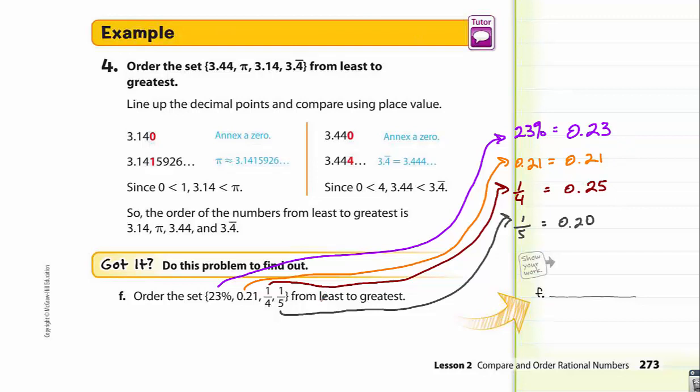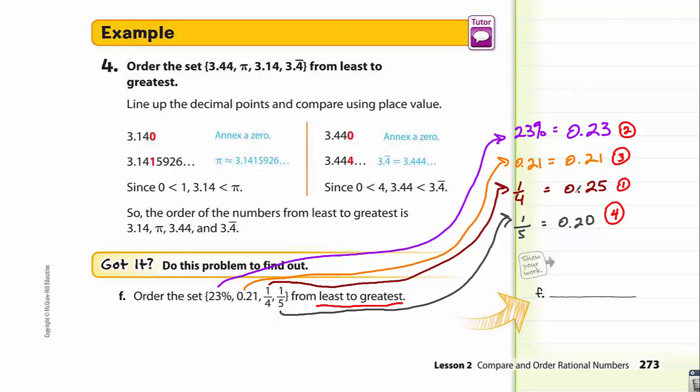So since the question is least to greatest, let's pick the smallest. This is the smallest right here. This is the greatest. See, I always find it easier to organize things. This is the biggest right there. There's the next biggest one. There's the next biggest one. There's the smallest one.